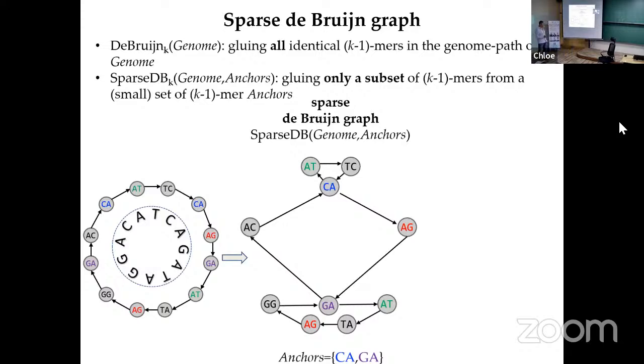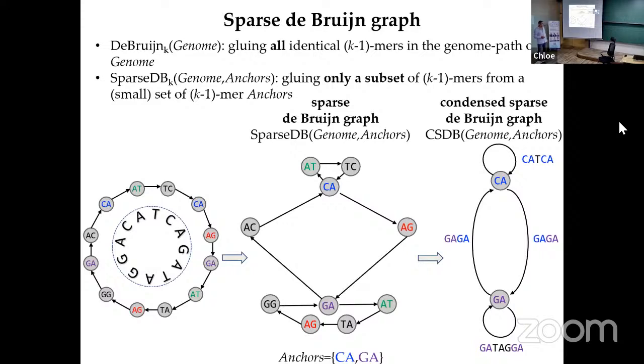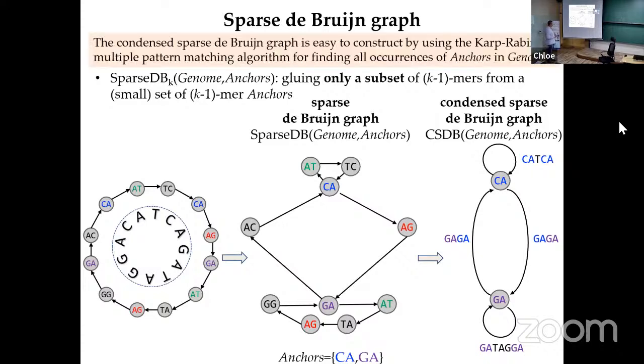And then, as usual, we can condense this graph. Now, if the set of anchors is small, then we can construct the graph by brute force. We can simply use the Karp-Rabin algorithm to find where these anchors appear in reads and construct this graph.